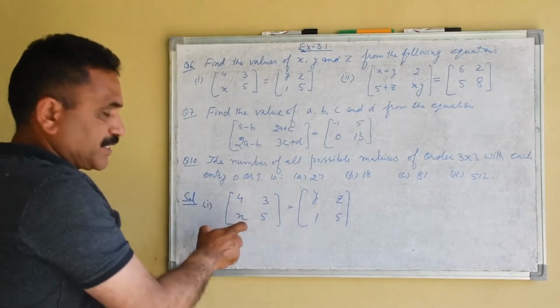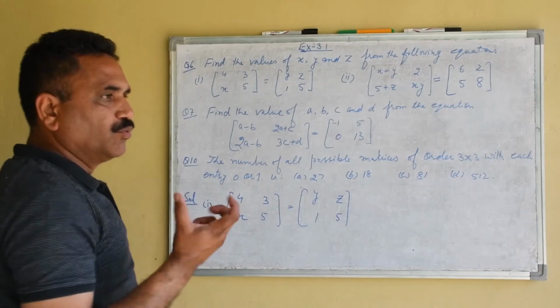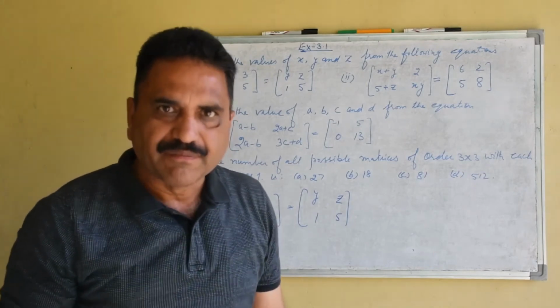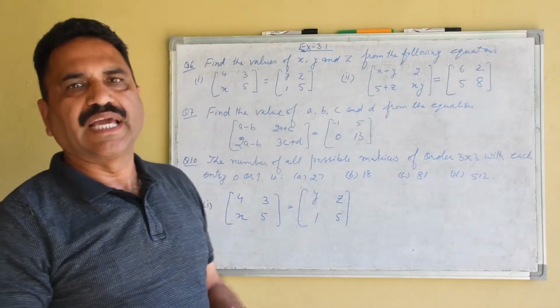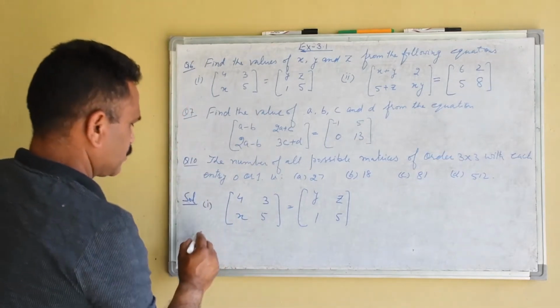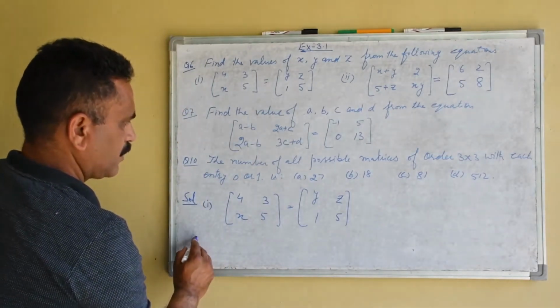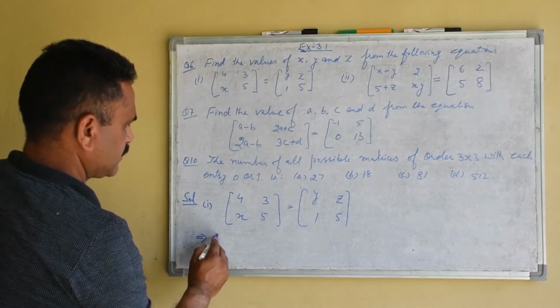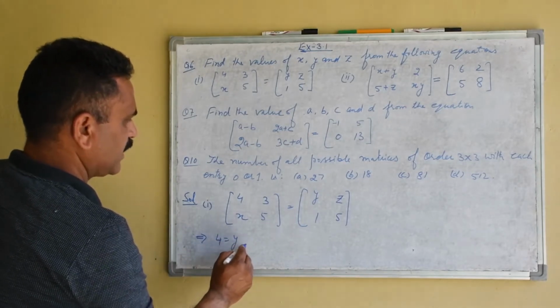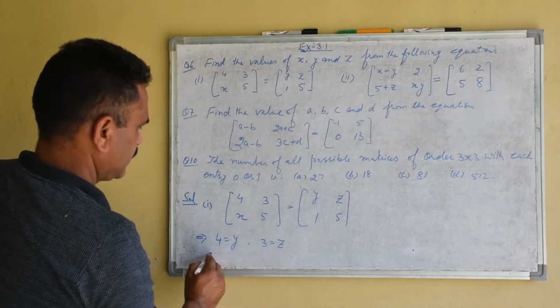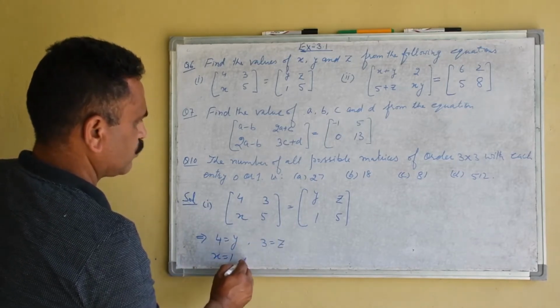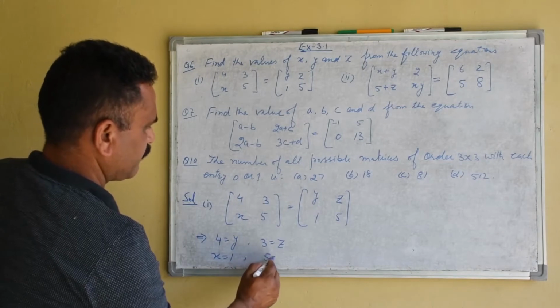Especially in case of matrices, we know two matrices are equal if they are of the same order and the corresponding elements are equal. So this implies 4 is equal to y, 3 is equal to z, x is equal to 1 and 5 is equal to 5.